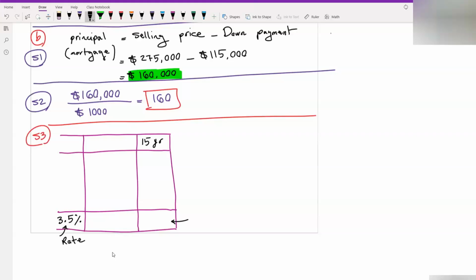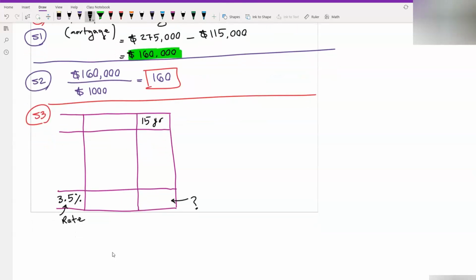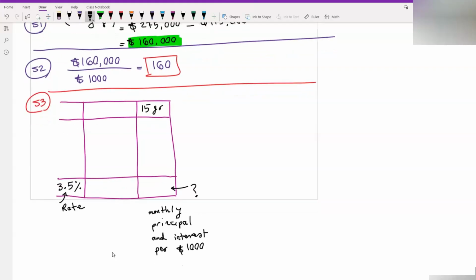Now we're trying to find the monthly principal and interest per $1,000 of mortgage.